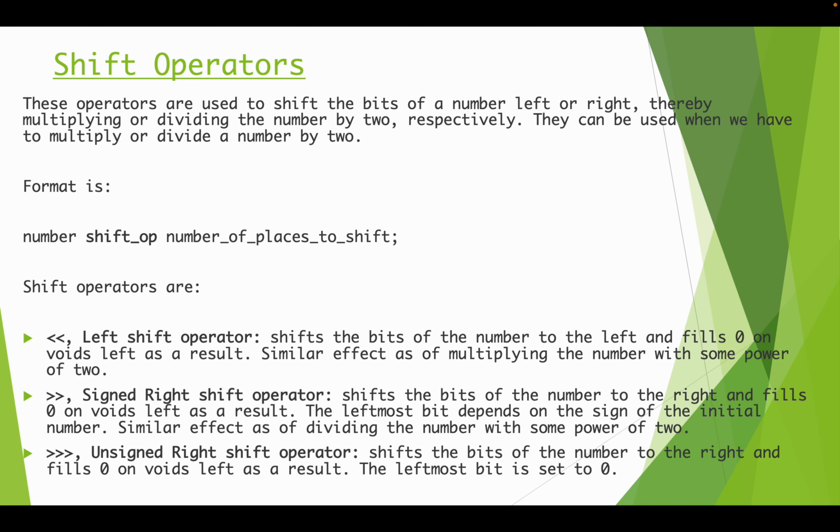The shift operator shifts the bits of a number left or right, thereby multiplying or dividing the number by 2. It can be used when we have to multiply or divide a number by 2. The format is number, then shift operator, then the number of places to shift. The left shift operator is indicated like this, the signed right shift operator is indicated like this, and the unsigned right shift operator symbol is like this.